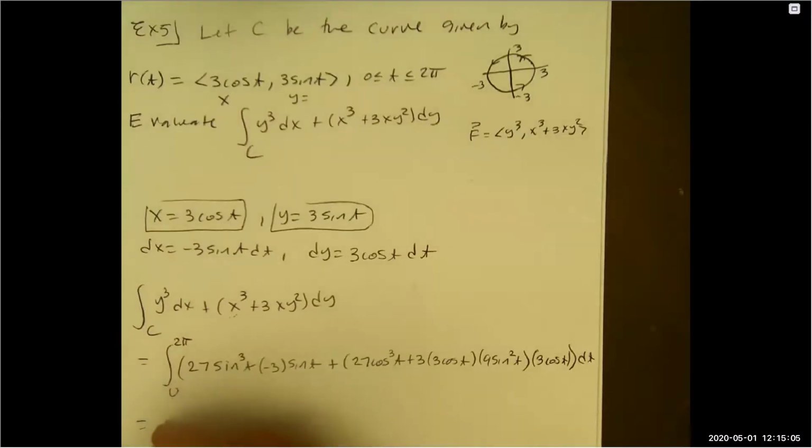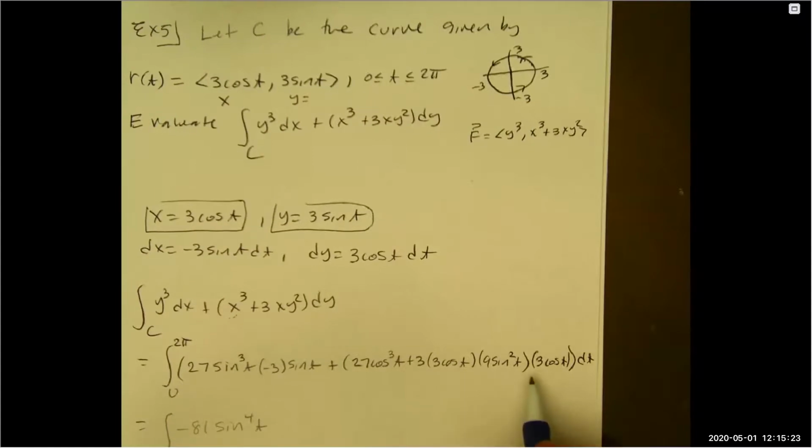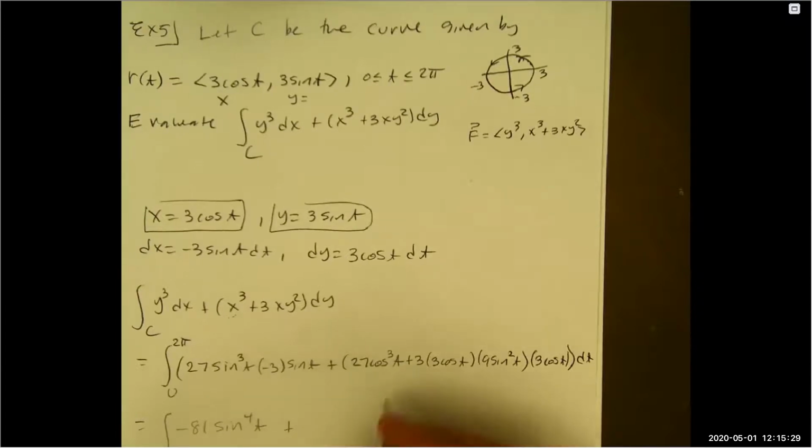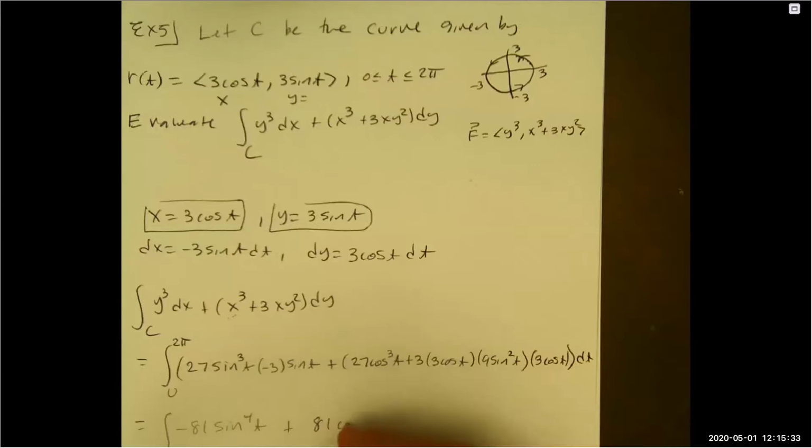So what we're going to have here is minus 81 and then sine to the 4th. And what do we have here? We have this 3, so we're going to have 81 cosine to the 4th.